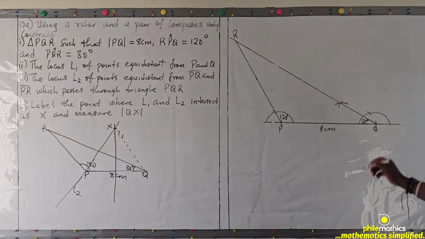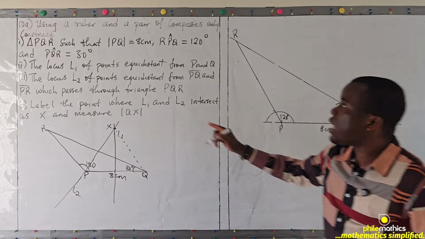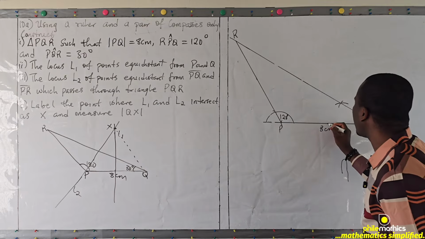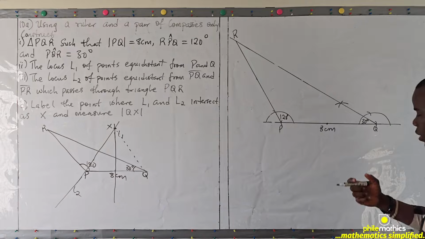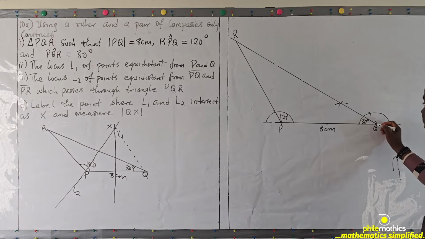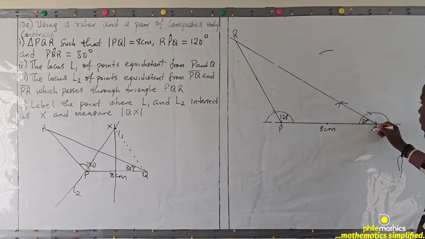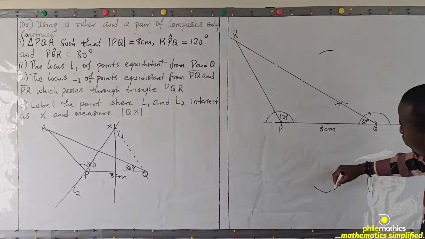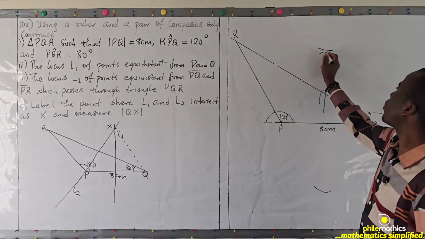So the next thing you want to do is to find the locus L1 of point equidistant from P and Q. So the locus L1 of point will be at the middle here. So what you do is you take your pair of compass, you stretch it, place it here, and cut. Without adjusting it, you cut at the bottom, and then place it here too, and cut.